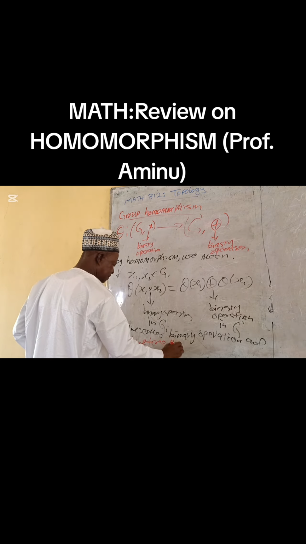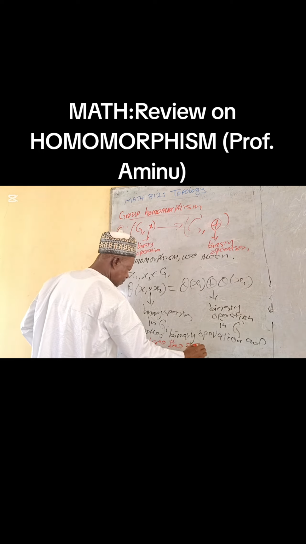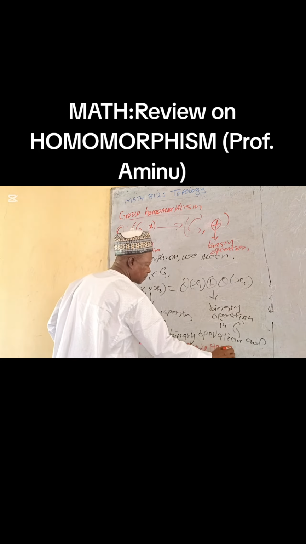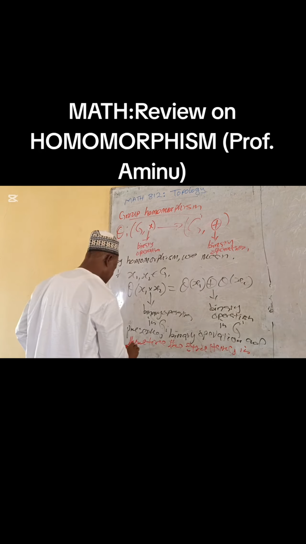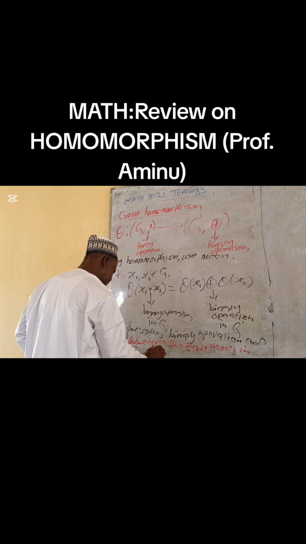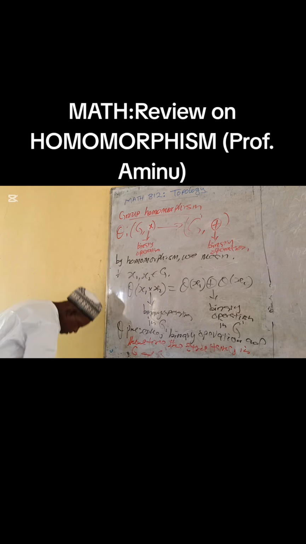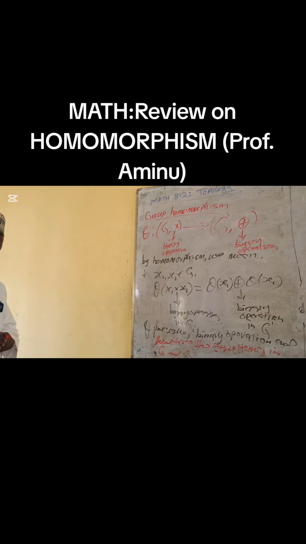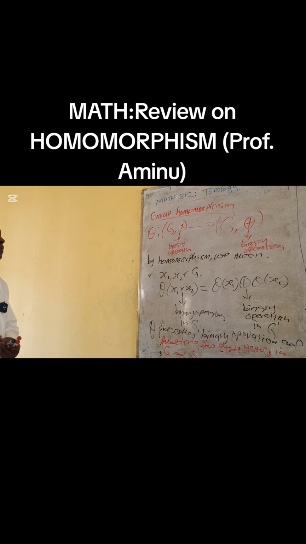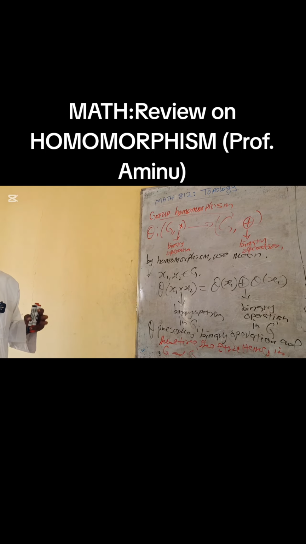The structure in both G and G dash. Because binary operation is the one which determines the structure in these groups, isn't it? And that's why we need to know this homomorphism, because we're going to use it when we come to maps between groups where we require to preserve the structure, like in homomorphism.